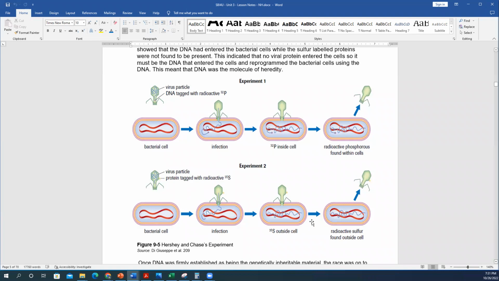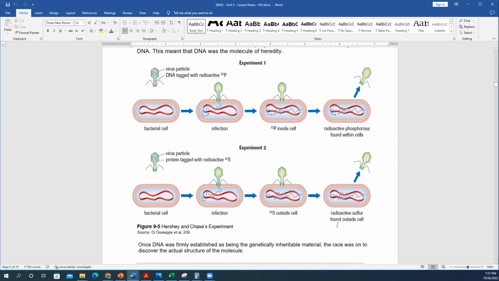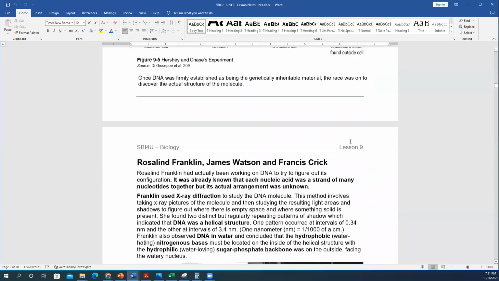And so by doing this experiment, they were able to show that the radioactive phosphorus was found within the cell and the radioactive sulfur was found outside of the cell. And this firmly established that the genetically inherited material that entered the cell was the DNA.